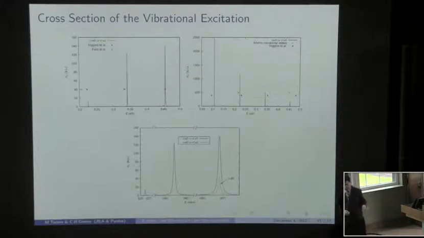Then there was a very old experiment by Linder, where he had really very wide peaks, and there were some more photodetachment experiments that had narrow peaks. So I'm slightly puzzled by this experimental data.